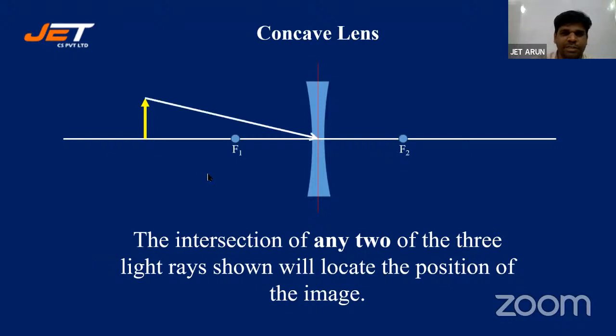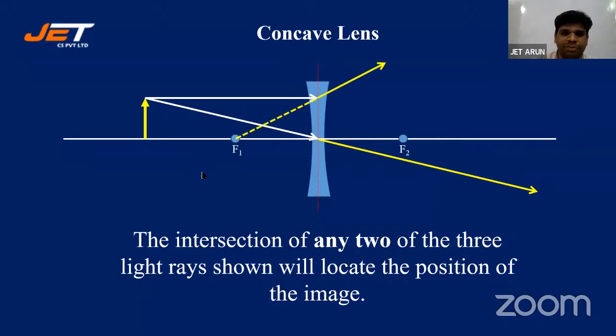Now let's go further. The first ray passes through the optic center and goes undeviated. The ray parallel to the principal axis appears to pass through F1. The ray directed at F2 will go parallel to the principal axis.